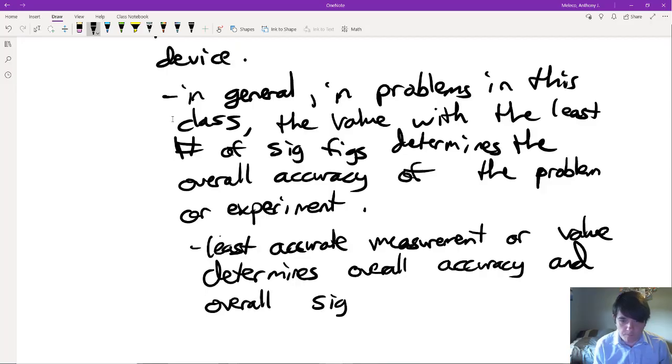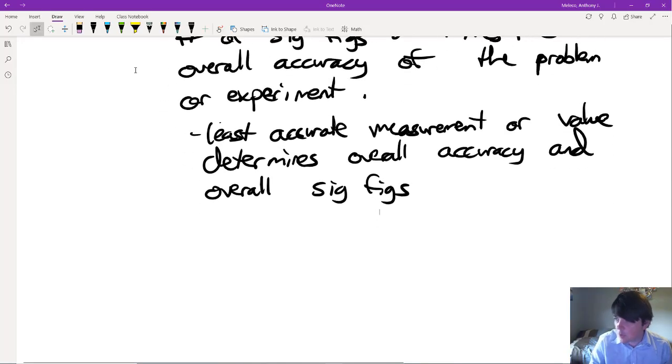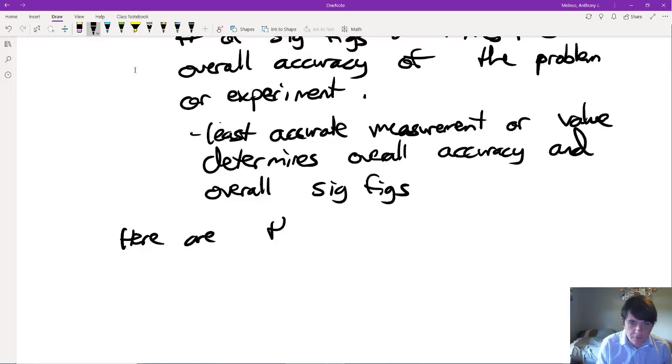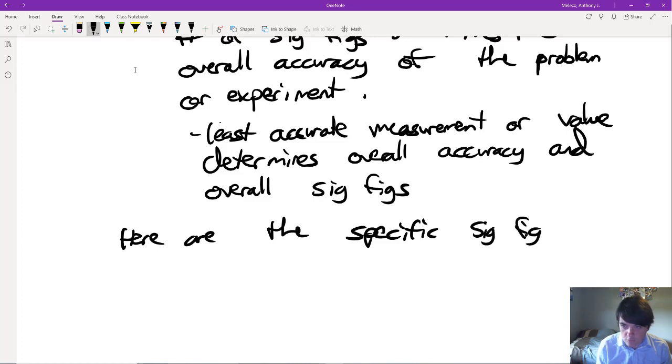Okay, and we'll talk about how to do that. So that said, here are the specific sig fig rules. So that's generally, like if you're in a pinch and you don't know how accurate you are, you can use that. But here are specific sig fig rules, okay?